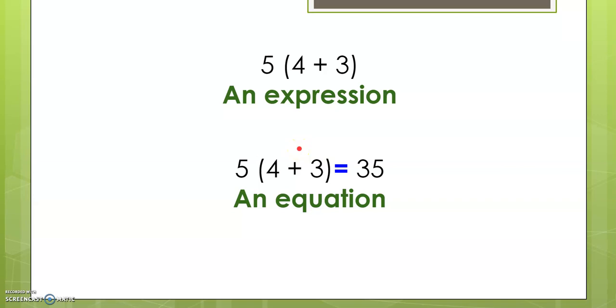That would be an evaluation of the expression. Where, when we have the expression and we have it equaling 35, now it is called an equation. So an expression, you don't have an equal sign. An equation, you do put the equal sign.